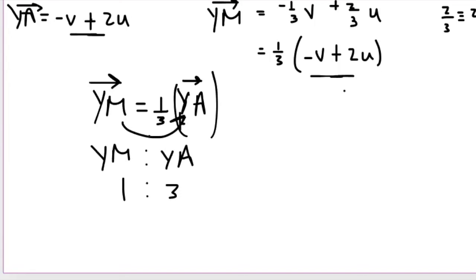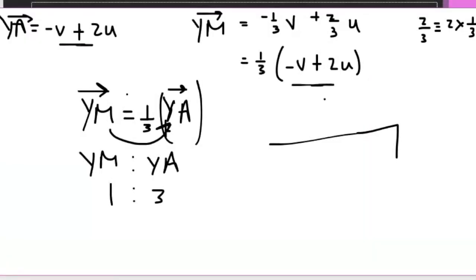So in other words, if I'm supposed to rewrite this as a fraction, this would be saying that YM is equal to 1/3 of YA. So you can look at it like this. 1/3 as a ratio is 1:3.